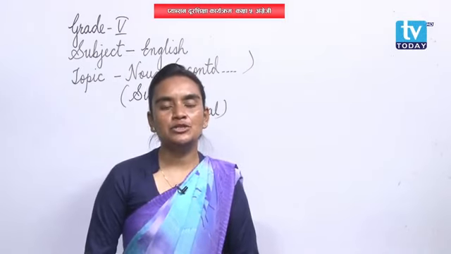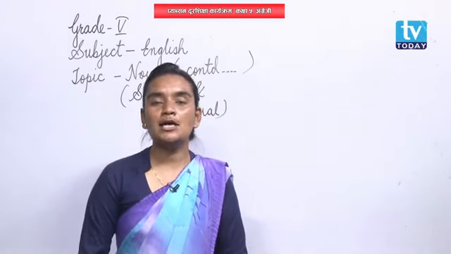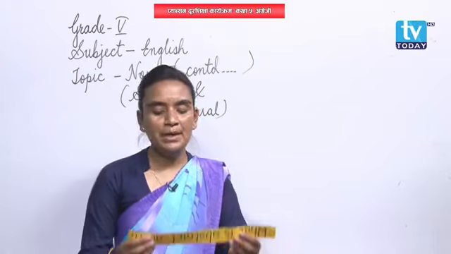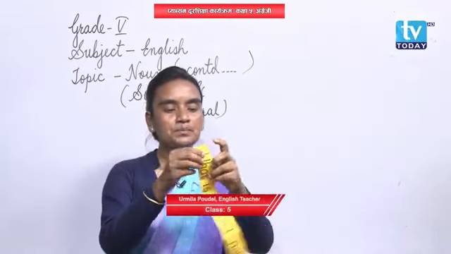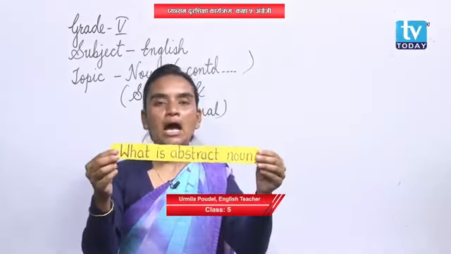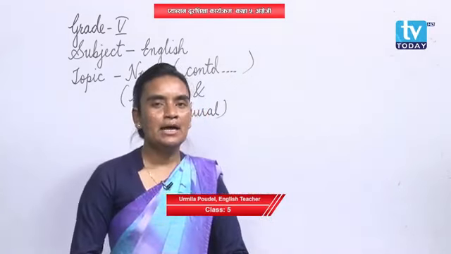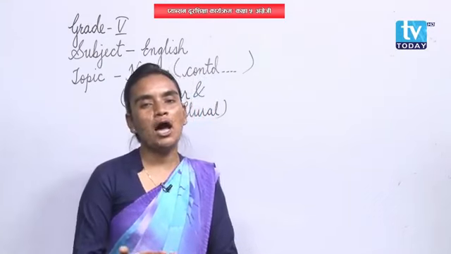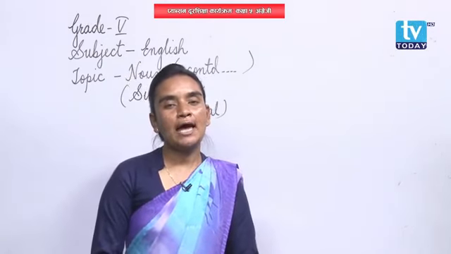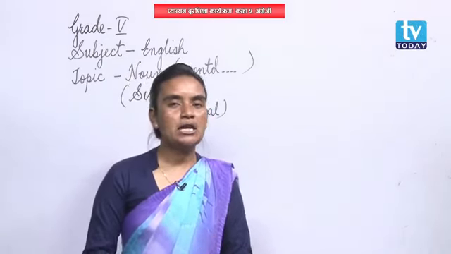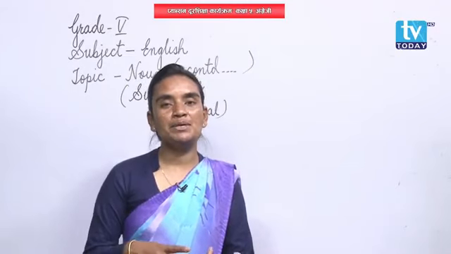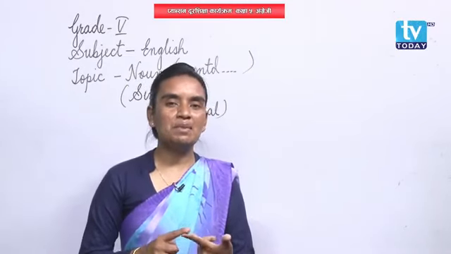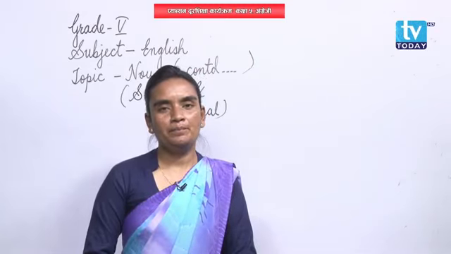So now, dear children, we have the last question for today's game. It's here. What is abstract noun? Abstract noun itself consists of the word abstract, which cannot be felt, which cannot be touched, which cannot be seen, which cannot be smelt, or so on.